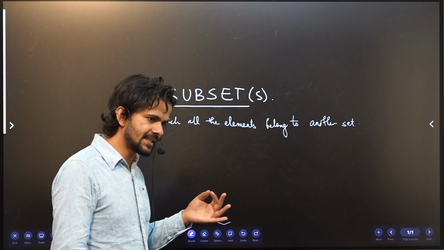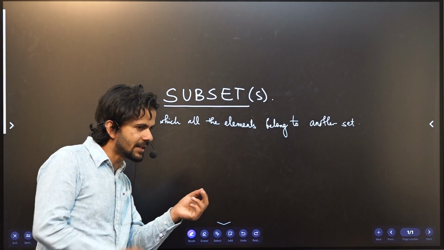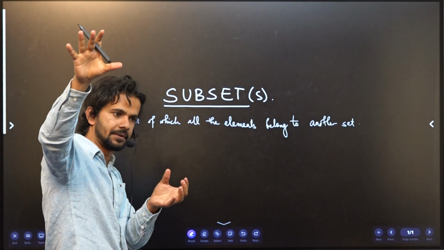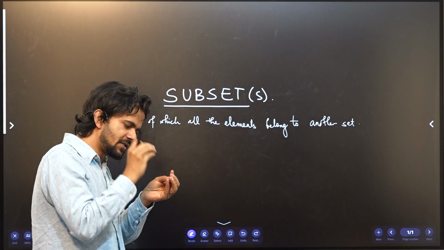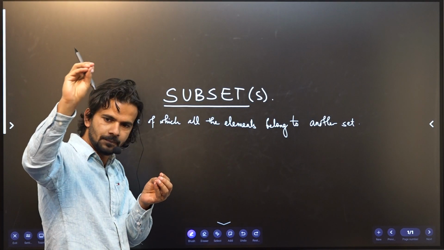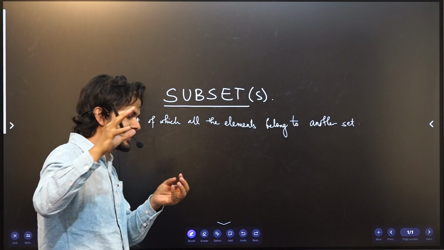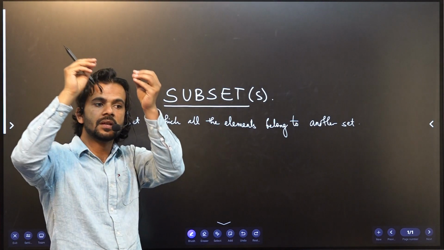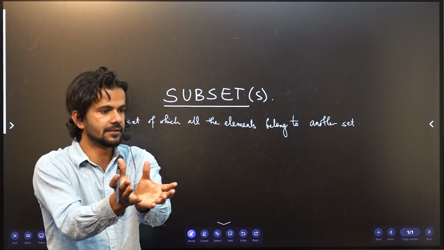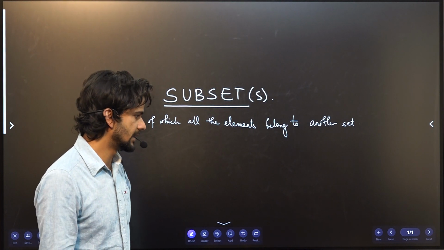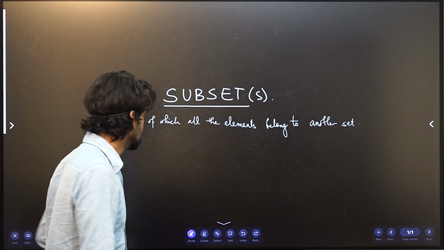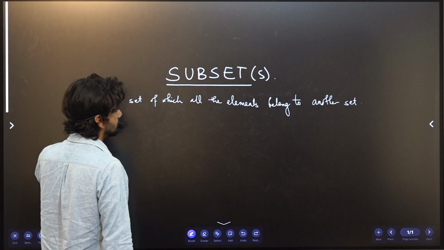Because a subset is a set of which all the elements belong to another set somewhere. Every element of this set belongs to another set also, and therefore you can say that this set is a subset of another set.